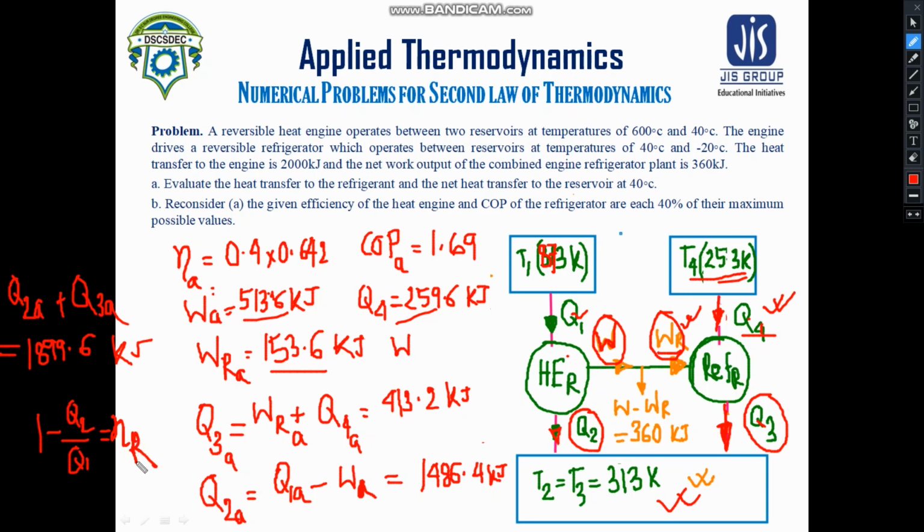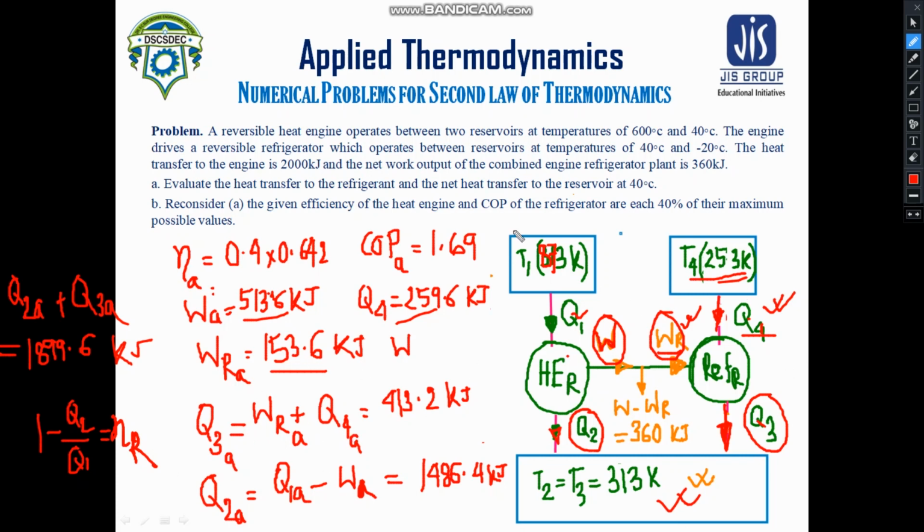Okay, so the formula which we have used in this case is somehow the same thing, because it can be expressed as 1 minus T2 by T1. This one can be removed from both sides, which leaves that Q2 by Q1 is related to T2 by T1. Okay, so this was the process.